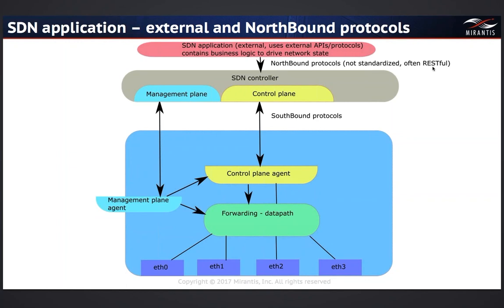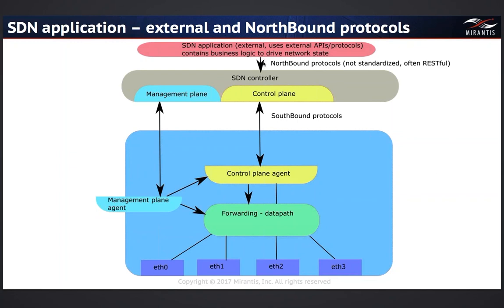They are RESTful. They run on top of HTTP, but not always. So once again, the protocol between an external SDN application and the SDN controller is called NorthBound. You can visualize it easily because this is north, this is south. So this one we call northbound, this one we call southbound. Even though the northbound arrow is pointing southbound, it doesn't matter, because it's a little bit simplified, since the information can be exchanged in both directions.